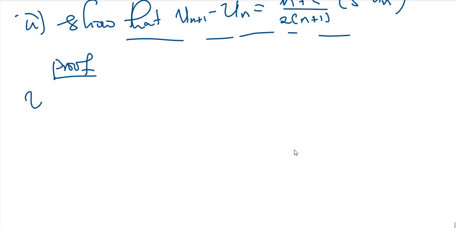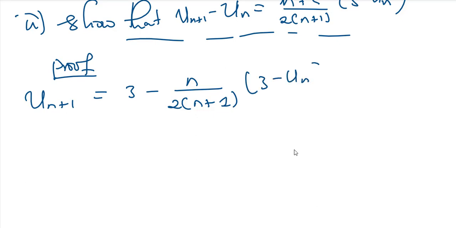Okay, remember that u_n was defined recursively by u_{n+1} is equal to u_n plus (3 minus u_n) times n divided by 2(n plus 1)... Now if I subtract u_n from both sides, it means I will have u_{n+1} minus u_n will be equal to, I will subtract u_n from here, that will be 3 minus u_n.